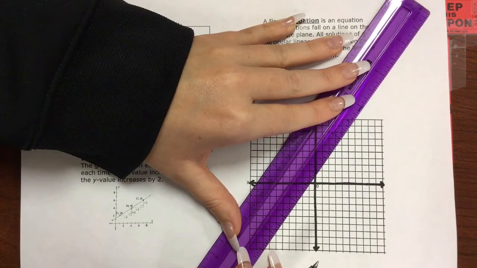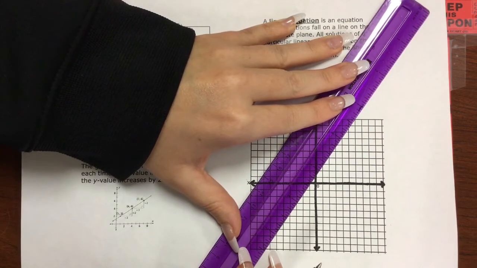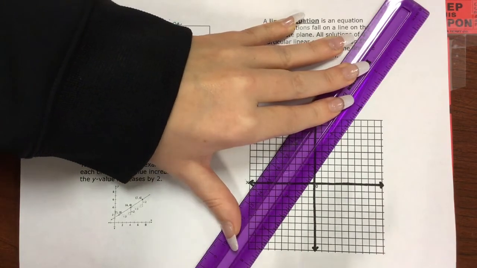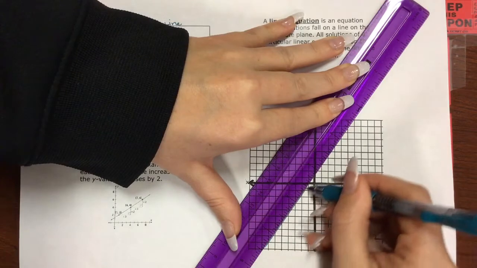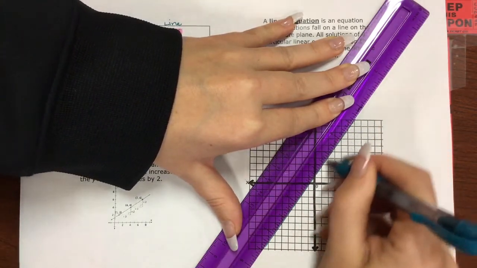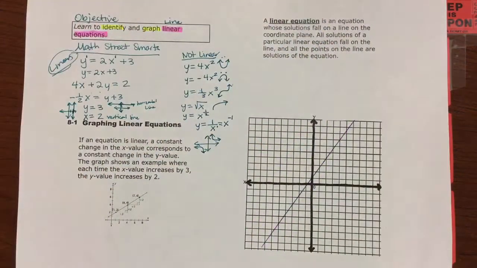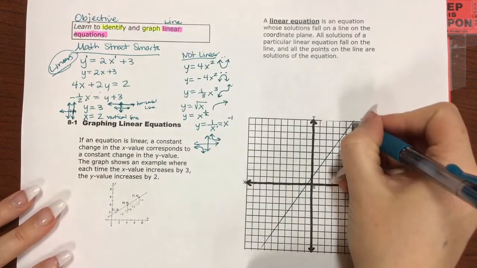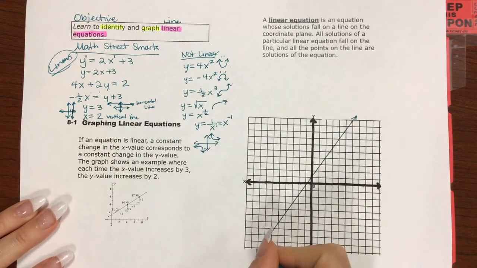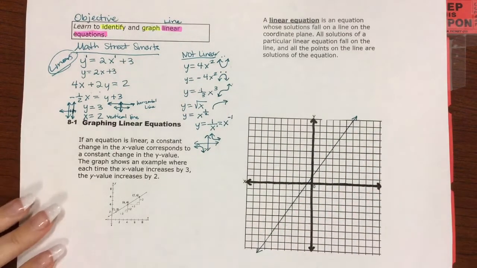Trying to get a good one here. Okay, I'm going to go with this line right here. I'm just drawing a line here, and it goes all the way out here. It goes on and on and on forever. Lines always go on and on forever in both directions.